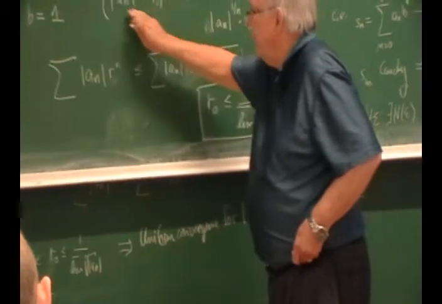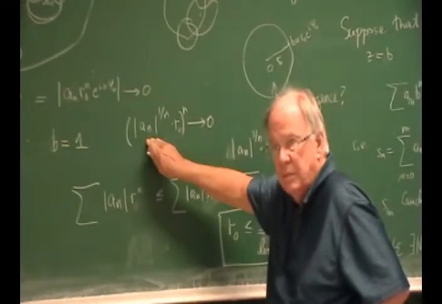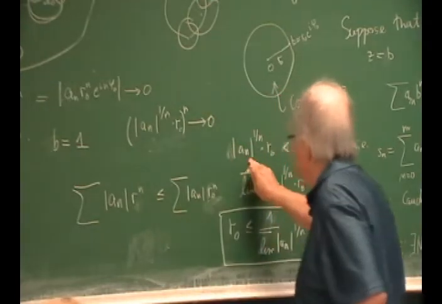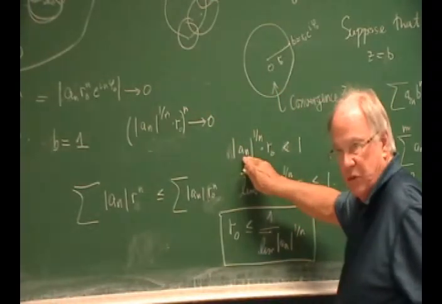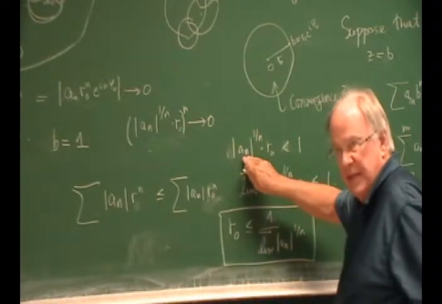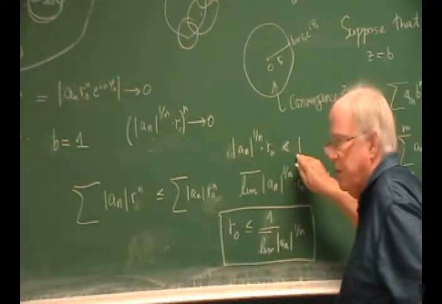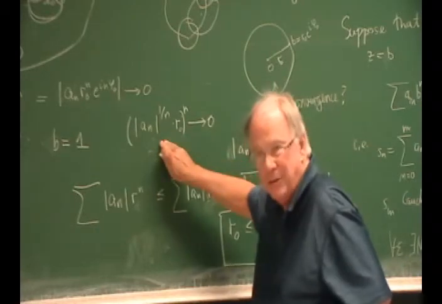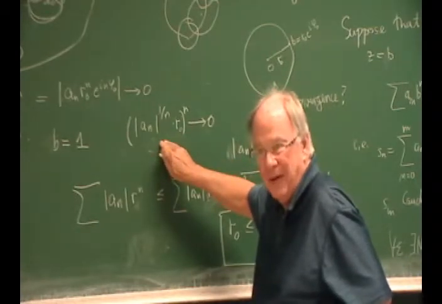If R0 is bigger than the lim sup of the nth root of this, that means that this term is infinitely often bigger than 1, and this means that this does not go to 0. Okay?